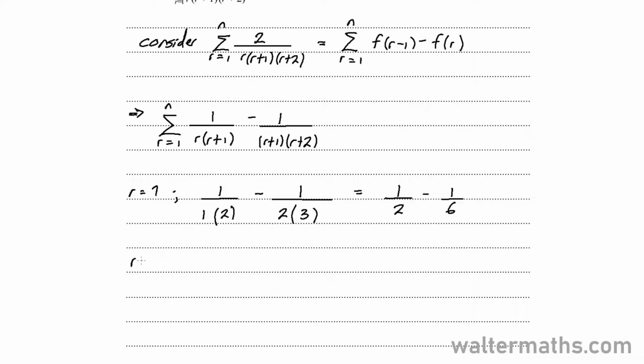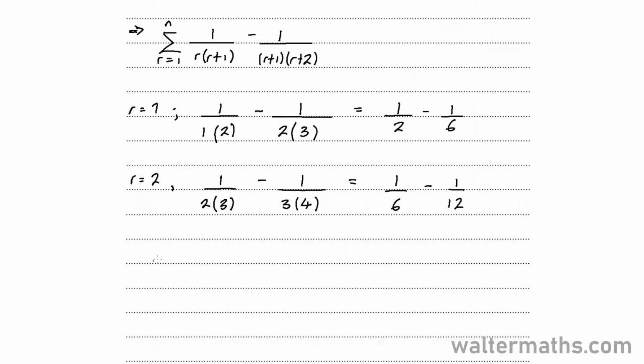Next, when r is equal to 2, substituting 2, we get 2 of 3 on the denominator, and it's minus, 3 of 4 on the denominator. What that gives us is 1 over 6 minus 1 over 12.